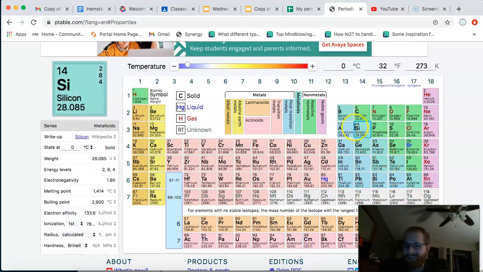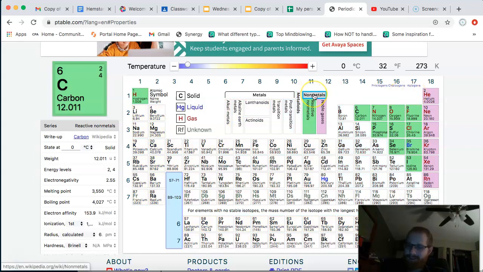Then there's this kind of light blue group. These are called the metalloids. Metalloids are almost metals, except not quite. They have kind of similarities to metals, but they also kind of have similarities with our third and final group, the nonmetals.